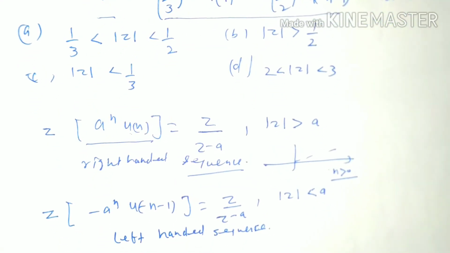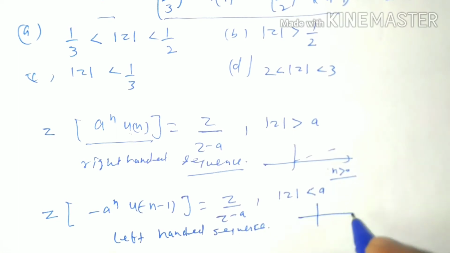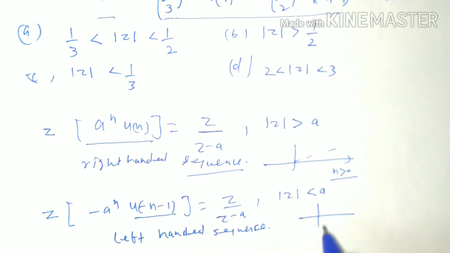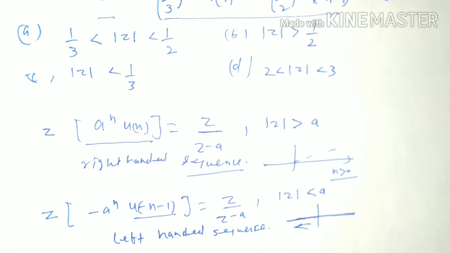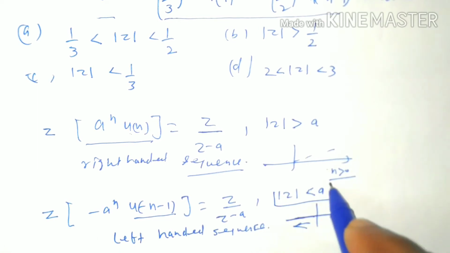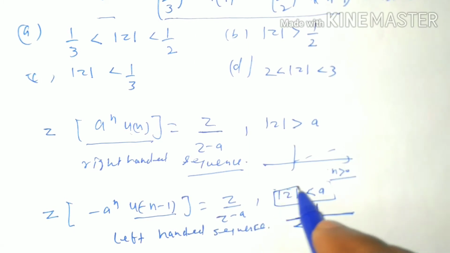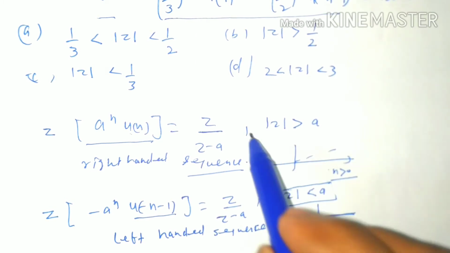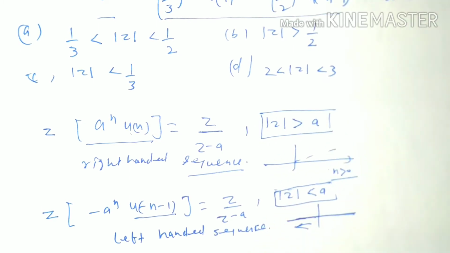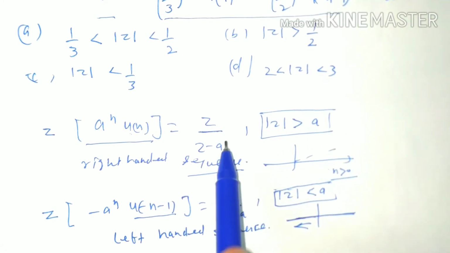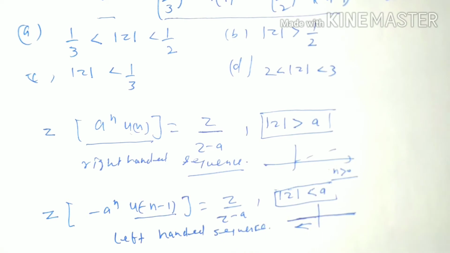Why is it a left handed sequence? Because we know that u[minus n minus 1] only lies on the left hand side of this axis. So it becomes a left handed sequence. Its ROC should be less than a, and for a right handed sequence the ROC should be greater than a, but its Z transform will be the same, Z by Z minus a.